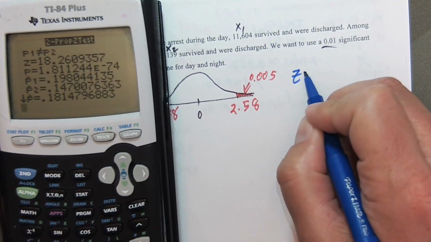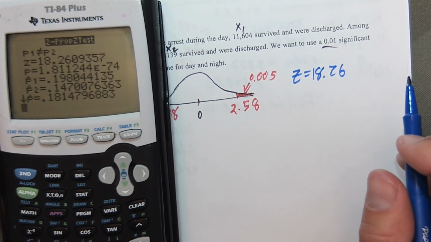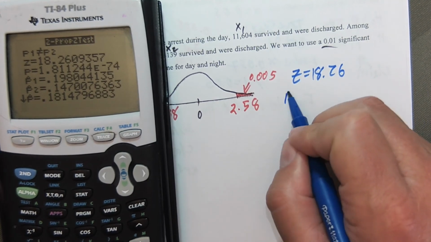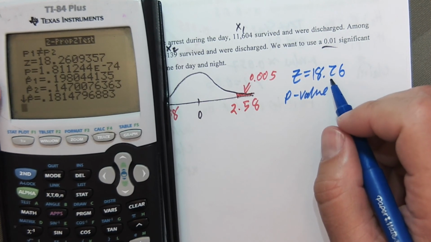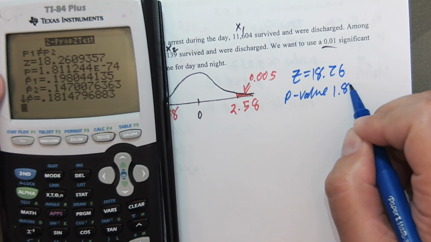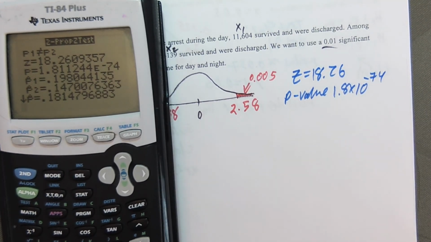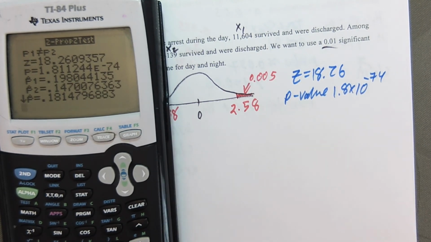So we have a z of 18.26, which is ridiculous. And our p-value, my calculator and yours might be different. It depends how far out it goes. Mine in particular says 1.8 times 10 to the negative 74th power. Some of yours may say 0. Some of you may have different numbers with maybe a different magnitude. The point is, it's about 0.